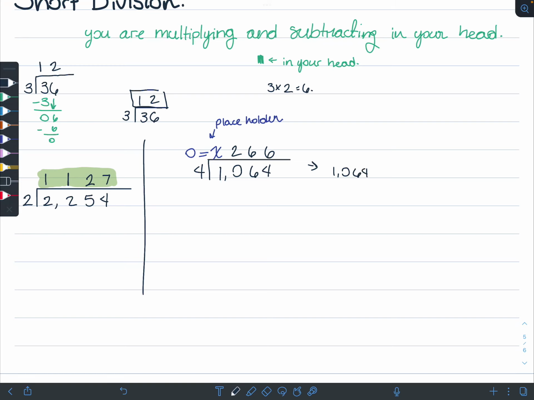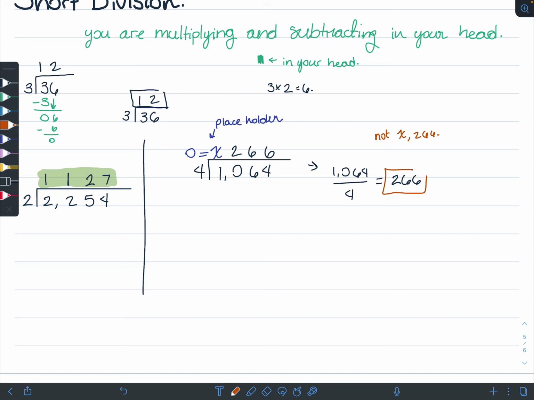Therefore, 1064 divided by 4 is equal to 266. Remember, our X placeholder here is just 0. So it's not X thousand, it's not X 1,266.